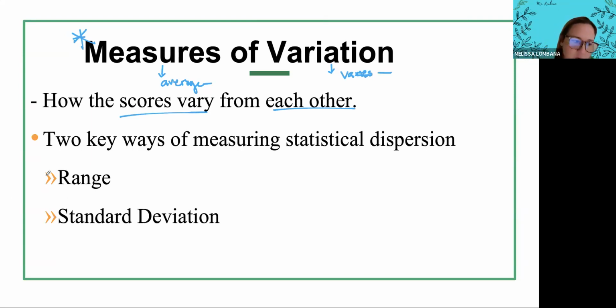The two ways to do that are, one, the range, and the second one, standard deviation. You could put two types of variation, right? That's what I want you to write as your little subtopic: two types, and they are range and standard deviation.